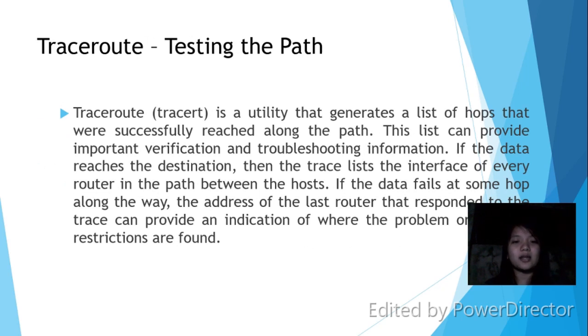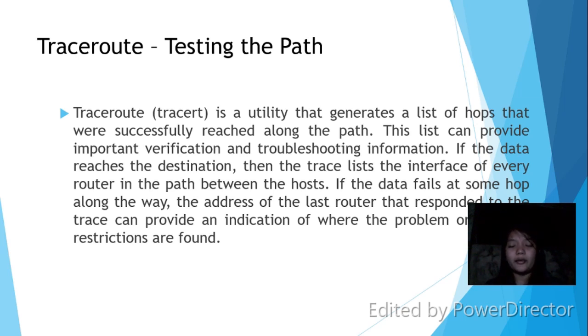Then traceroute, testing the path. Traceroute is a utility that generates a list of hops that were successfully reached along the path. This list can provide important verification and troubleshooting information. If the data reaches the destination, then the trace lists the interface of every router in the path between the hosts.